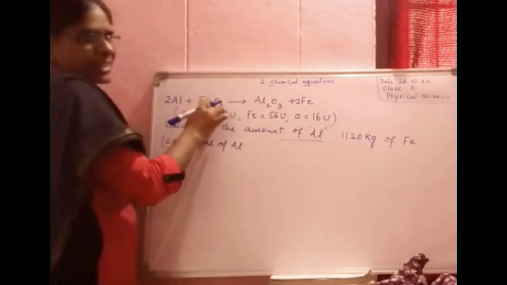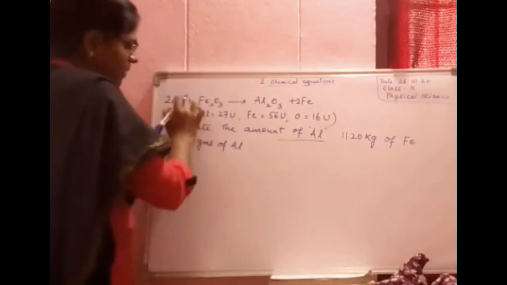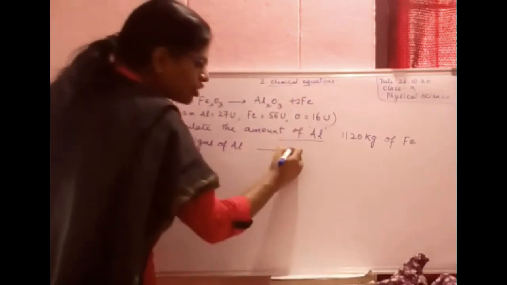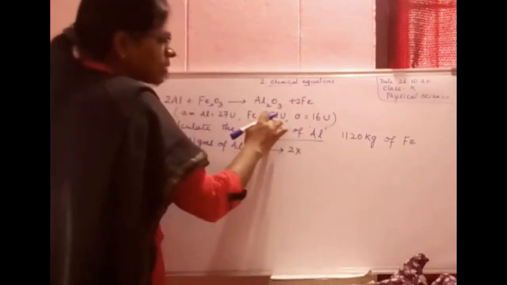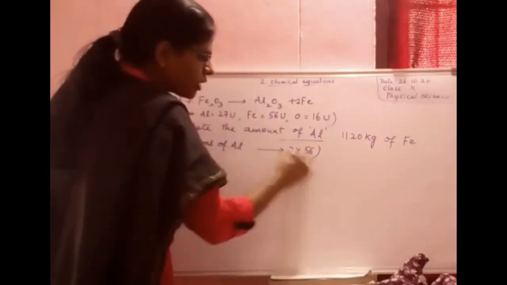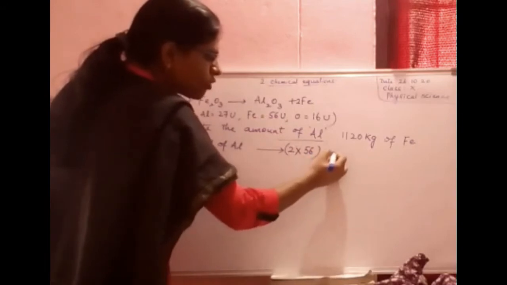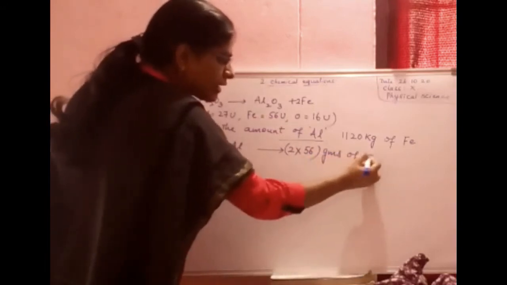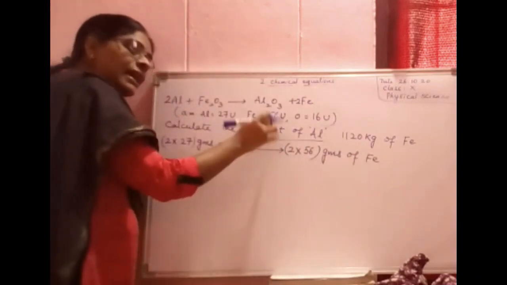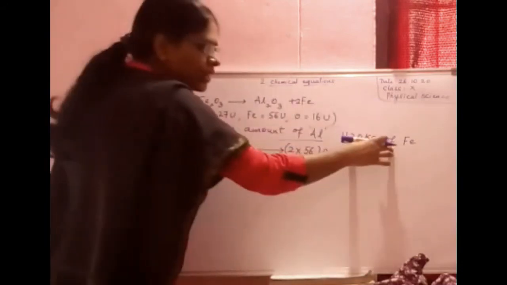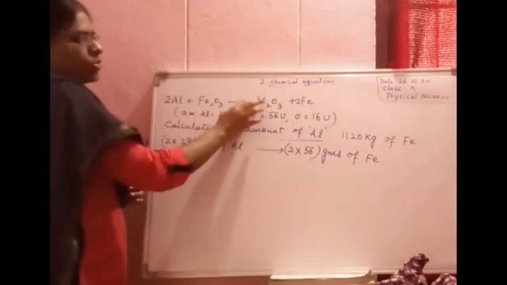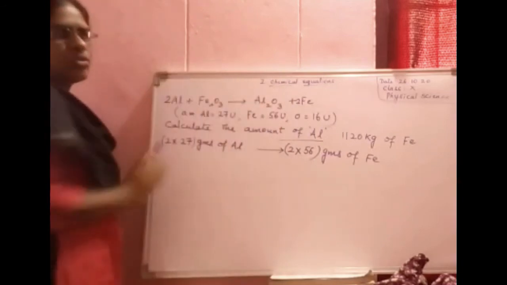Now here I don't want the iron with oxygen. From the above reaction, how many grams of iron is it giving? 2 into iron's mass, given as 56 grams of iron. Because in the problem, we need to calculate the amount of aluminium when this much iron is reacting. Hence, I don't want Al2O3 and Fe2O3.